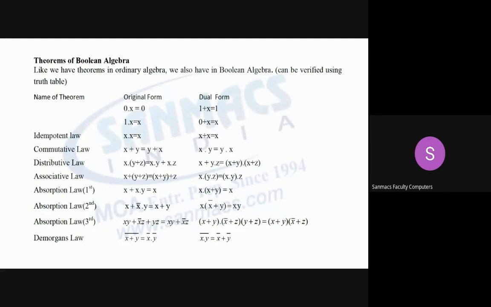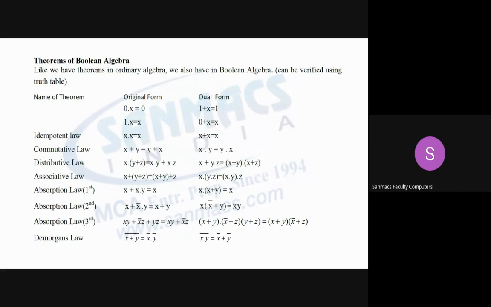And whenever you're taking an AND operator and the value 1, or basically the value true, then you're always going to get the X or the variable part of the statement. So for example, 1 and X is always going to give you X. If we take a look at the dual form, then we have 1 plus X, which is always going to give us 1, because true or a particular statement, we're always going to keep the true version as it is.